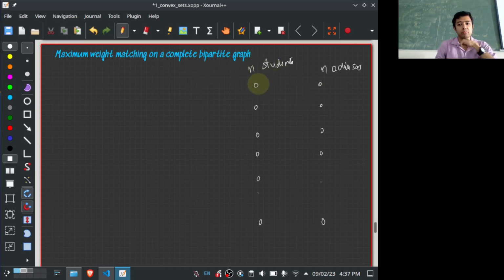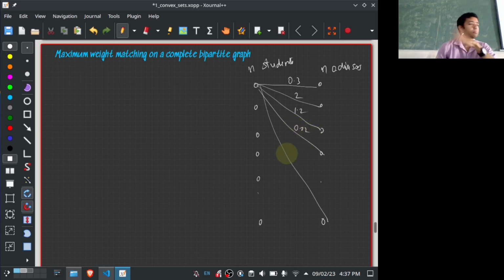So for the first student, for each of the advisors gives a particular ranking. Now, basically, it's just a bunch of numbers, right? So let's say that for advisor 1, it is, say, 0.3, advisor 2, it is, say, 2, advisor 3, it is, let's say, 1.2, for advisor 4, it is, say, 0.22, something.